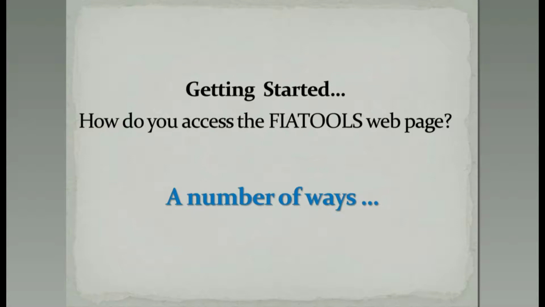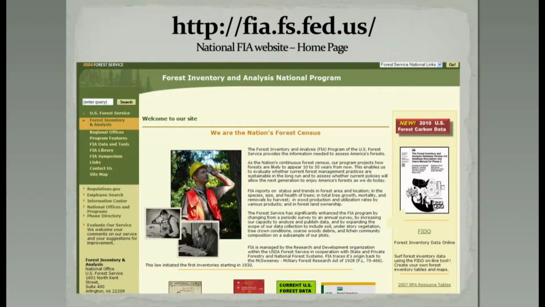So, how do you get to the FIA tools web page? Right here at our home page, this is the national home page of the FIA program, FIA.FS.Fed.US. If you want to go straight to FIDO, there's a link there. This right-hand panel sometimes changes. This is an older screenshot.